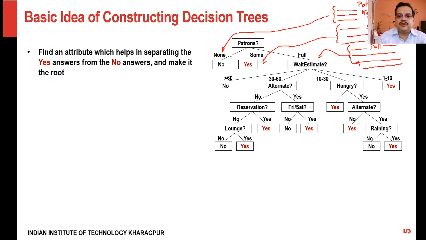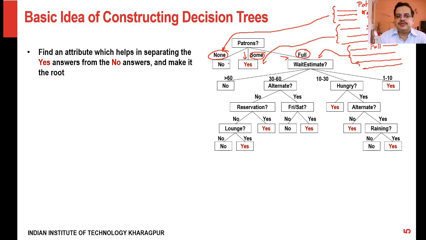So based on the attribute value, I have these three branches, and my data items get split into three parts. The rows which had none go here, the rows which had some go here, and the rows which have full go here.